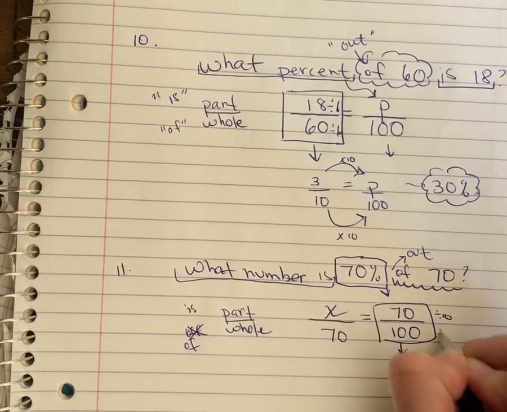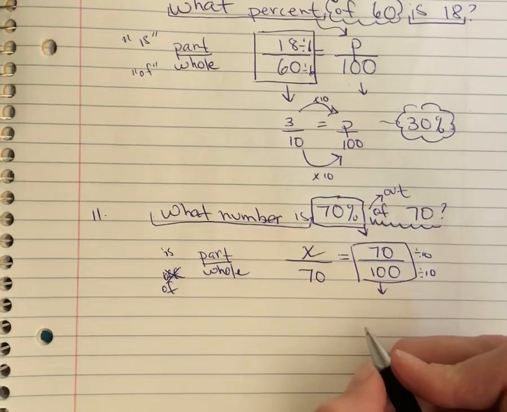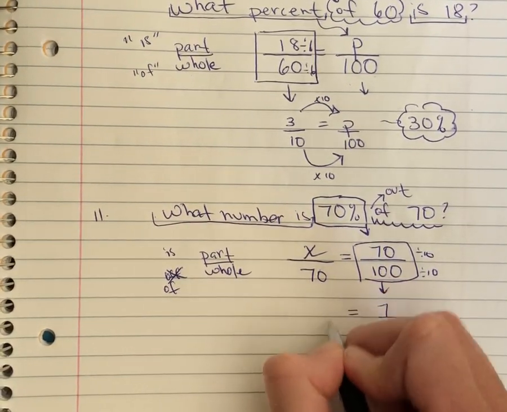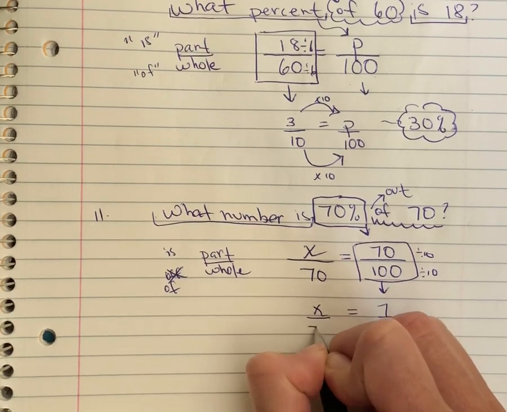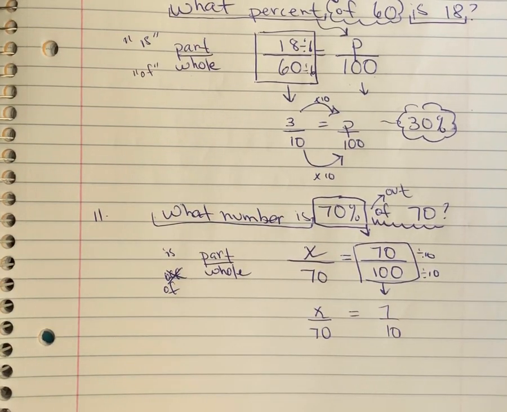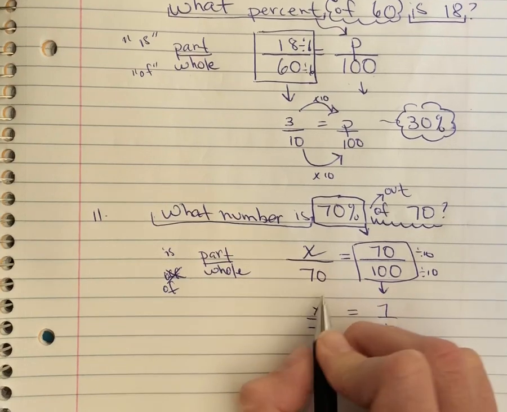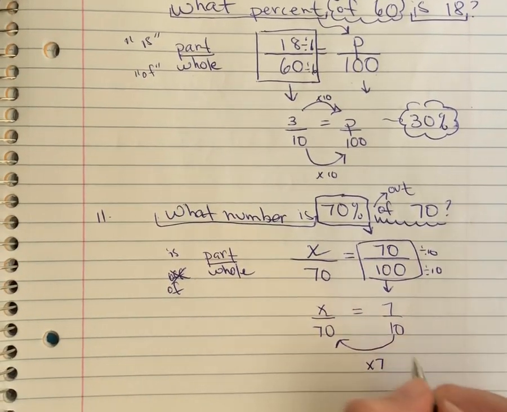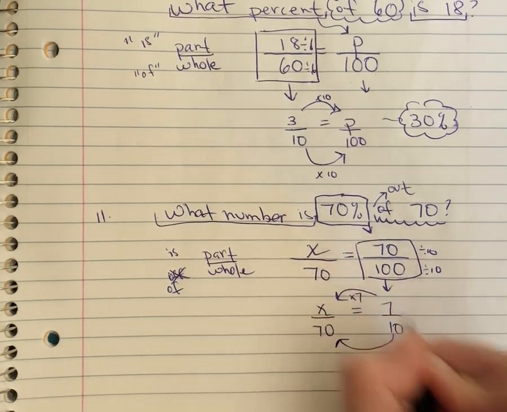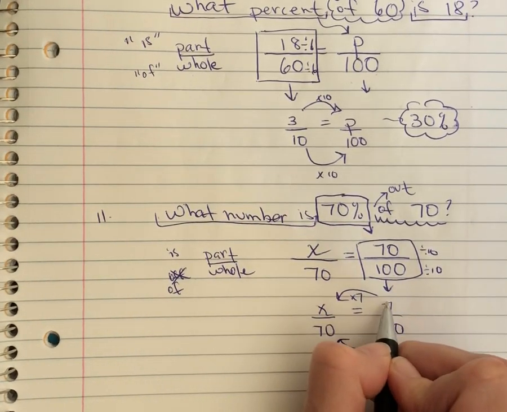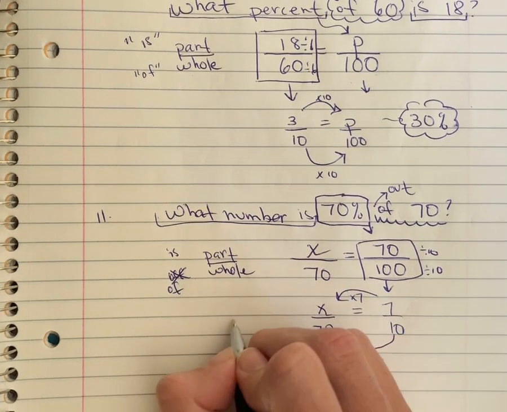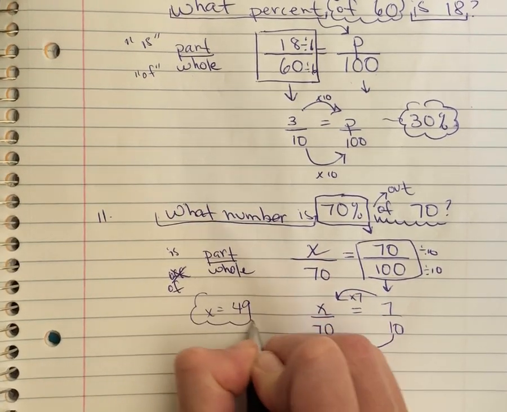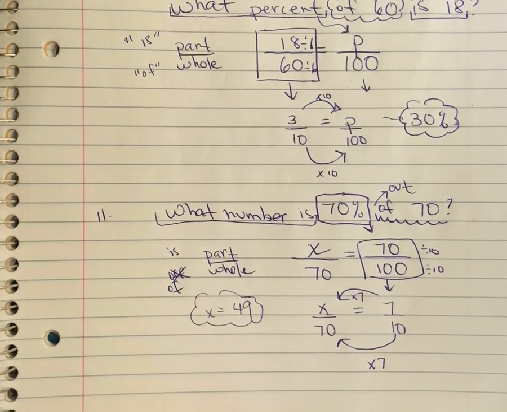Divide these by 10, okay? And we get 7 over 10 equals, then drop down the second half of your proportion, x over 70. Now we're going this way because our unknown's on the left, so we have to move to the left. 10 times 7 is 70. Do the same thing to the numerator. 7 times 7 gets us to 49. So our unknown is 49, okay?